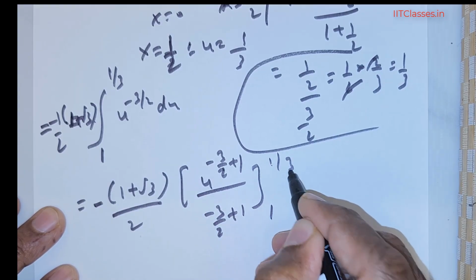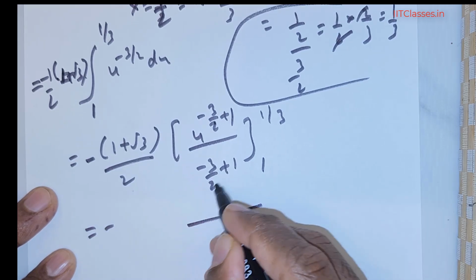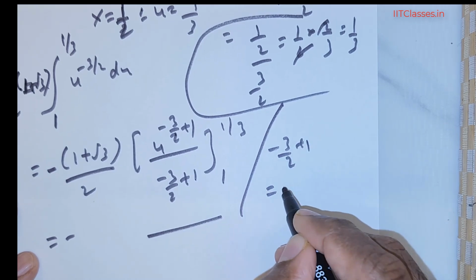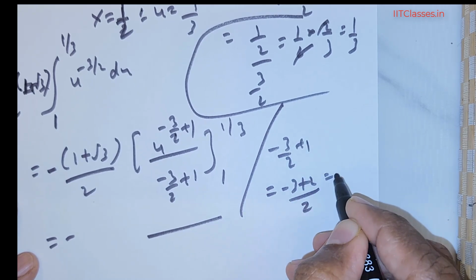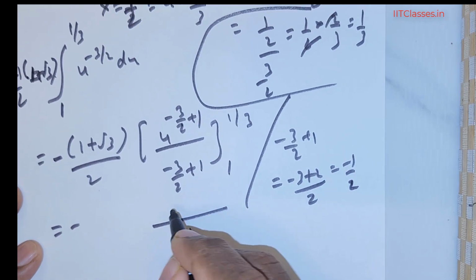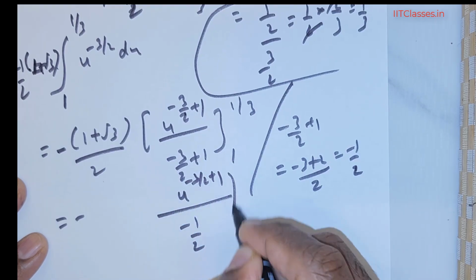The limits are 1 to 1 over 3. So what is negative 3 over 2 positive 1? This is negative 3 positive 2 divided by 2, which is nothing but negative 1 over 2. So I have a negative 1 over 2 there and u raised to the power of negative 3 over 2 positive 1.